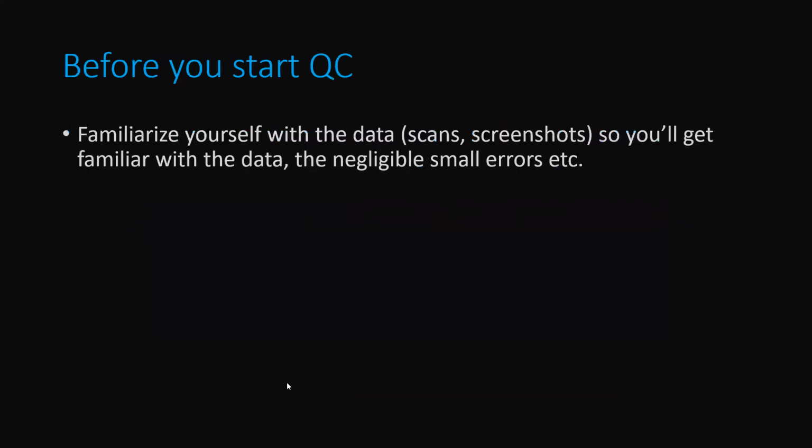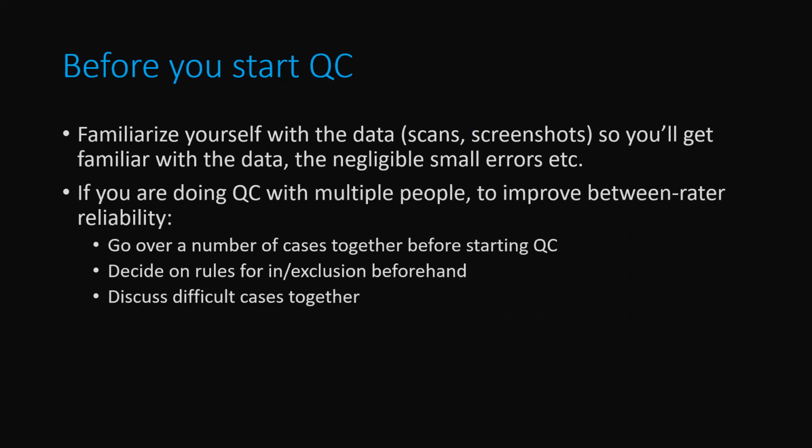So then before you start QC, I would say familiarize yourself with the data. So you get kind of familiar with what your data looks like, what the small errors are. And if you're doing QC with multiple people, you really want to be sure that you have good between rater reliability. So you need to go over a number of cases together before starting QC.